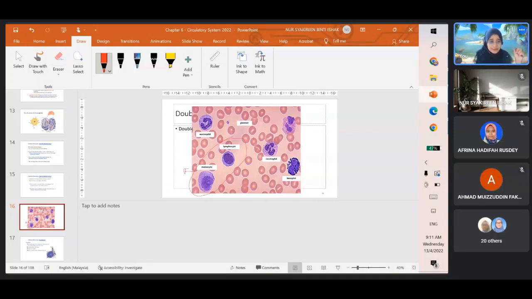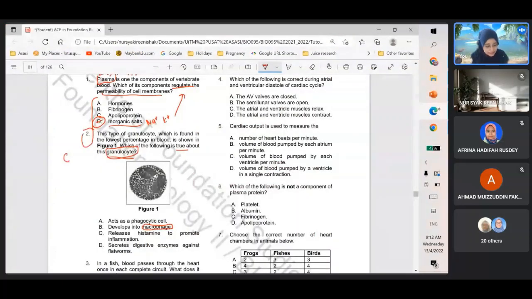this cell, it will store a chemical molecule. We call it histamine. Okay, histamine that involved in one of the body defense mechanism. We call it inflammatory response. Yang ini sebenarnya dia adalah gabungan chapter 6 dan chapter 7 soalan ni.